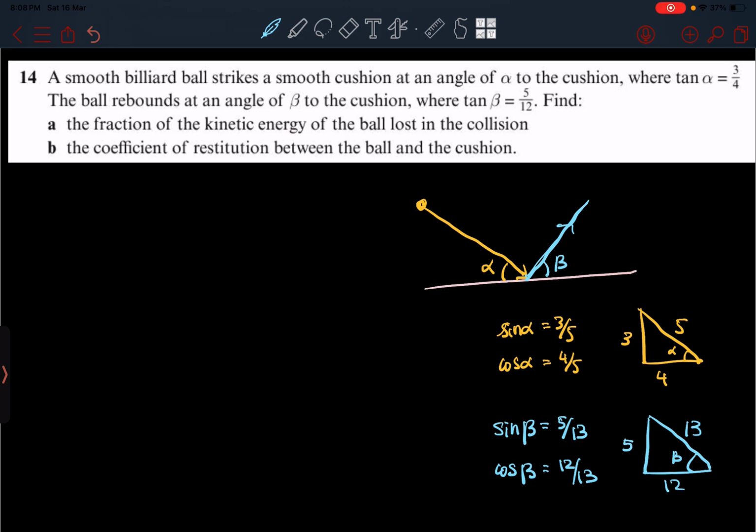We have to find the fraction of the kinetic energy lost. So part A would obviously have to deal with half mv squared minus half mu squared. So it's going to be a change in kinetic energy. So we don't know what is u, we don't know what is v.